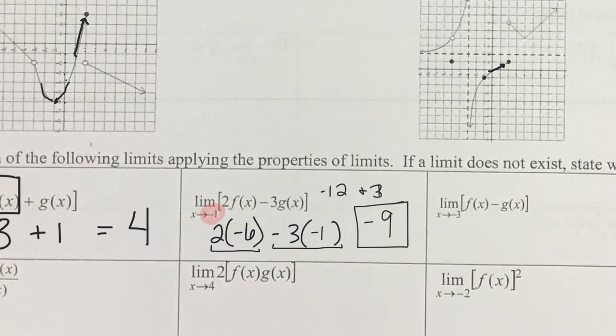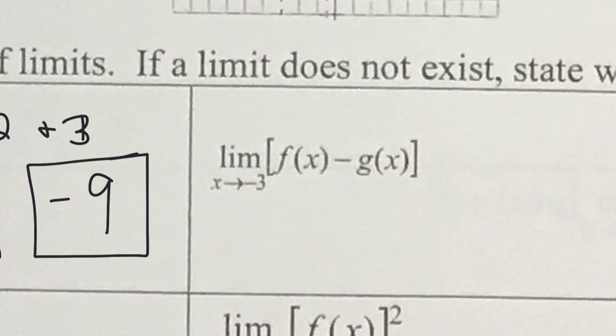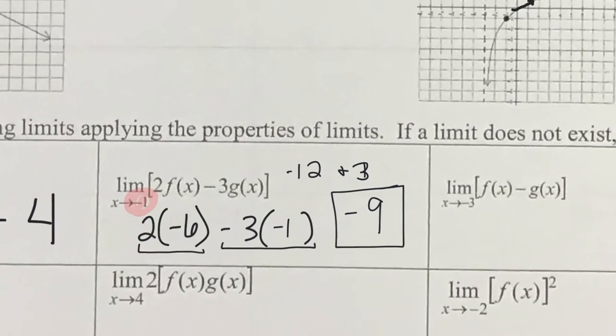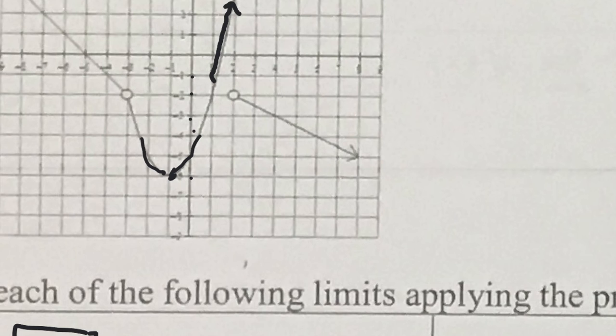So let's look at the third one. The limit as x approaches negative 3 of f of x minus g of x. So at negative 3, what is f doing? It looks like it's going towards negative 2, right? That's the y value of the hole.